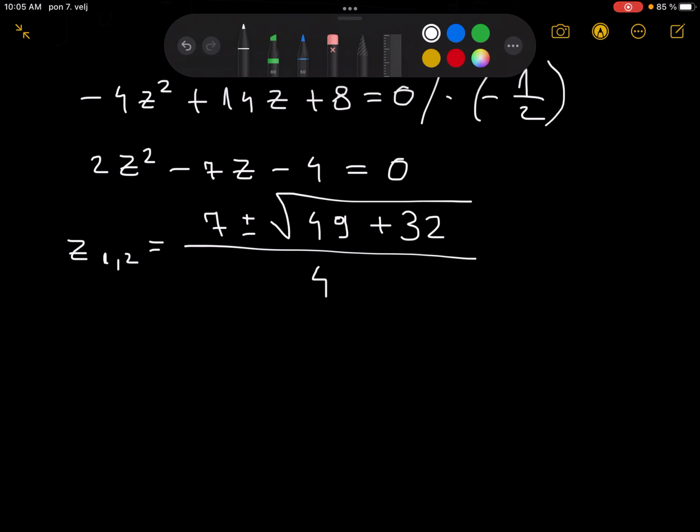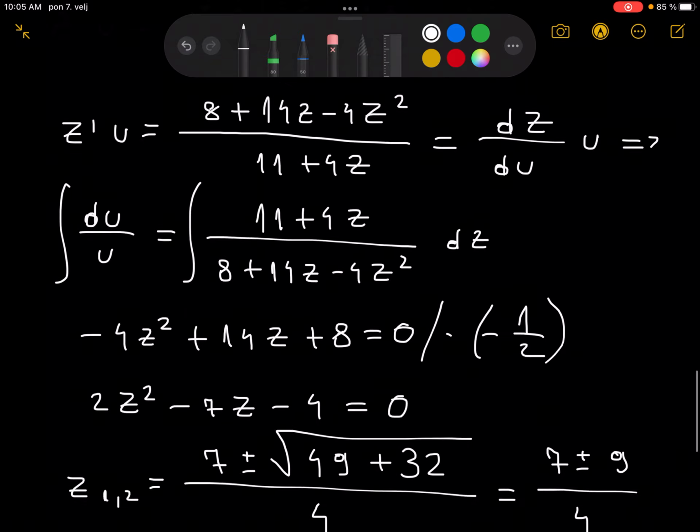Okay, so 49 plus 32 is equal to 81, so that's going to be 7 plus or minus the square root of 81 is 9 over 4. So z1 is equal to 7 minus 9 is negative 2 over 4 is negative 1/2, and z2 is 7 plus 9, which is 16 over 4, which is just 4.